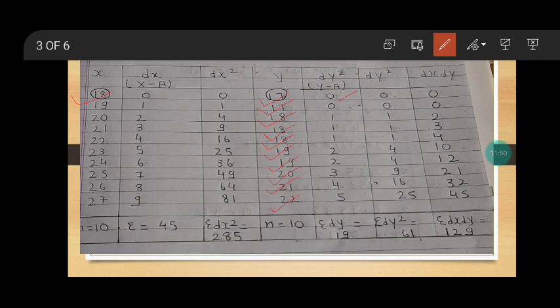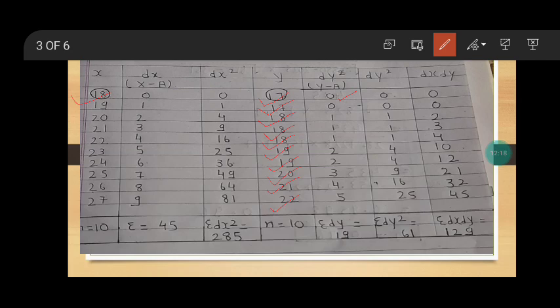First number is 0, so 0 into 0 would be 0. Second item is again 0, so 0. Third one is 1, so the square of 1 would be 1. Again the fourth item is 1, so 1, and the next item is again 1, so 1. The next item is 2. When we take the square of 2, we get 4, as 2 into 2 is equal to 4.